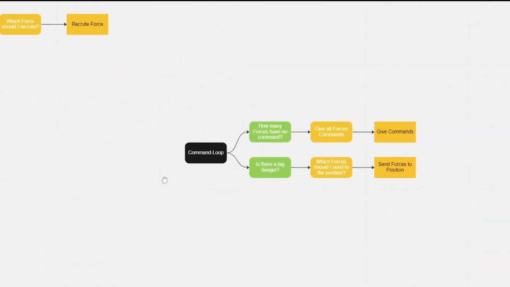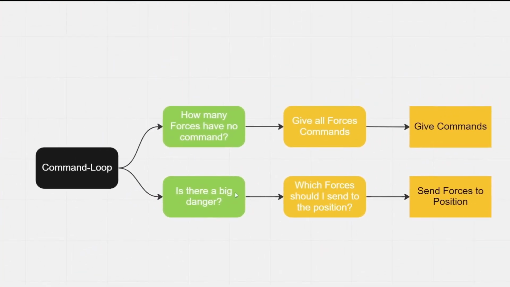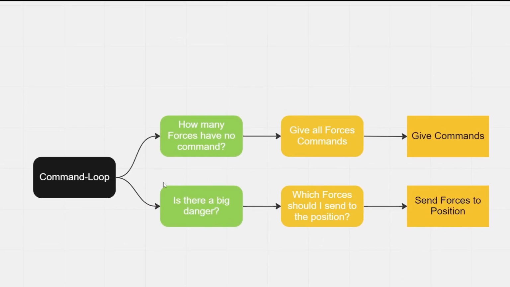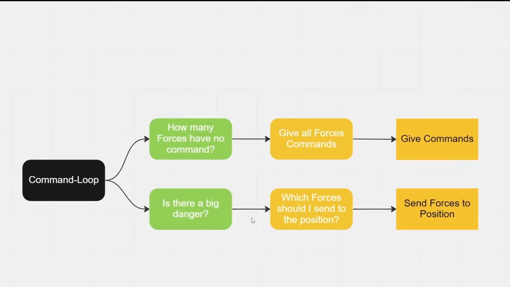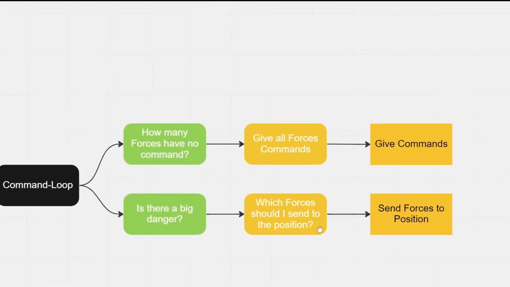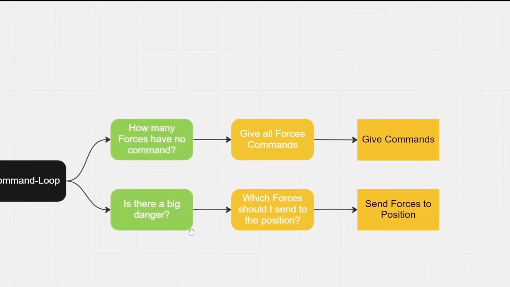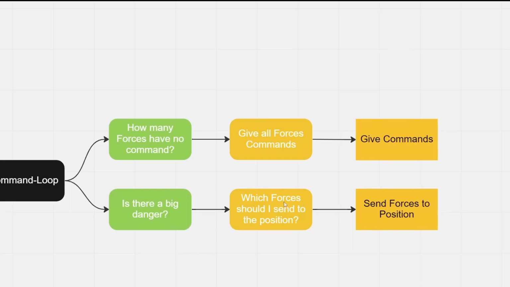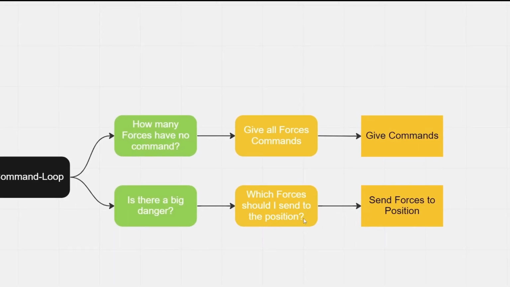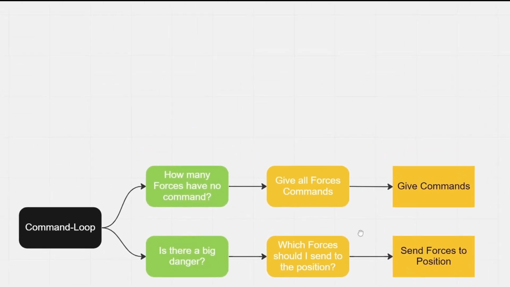So let's have a look at the command loop. Here we need to know if there is a big danger. So for example, the player attacks the AI base with a huge army, then we might need to send all forces back to prevent our death. So then we need to decide which forces we send back, if all of them or not all of them, and just execute.